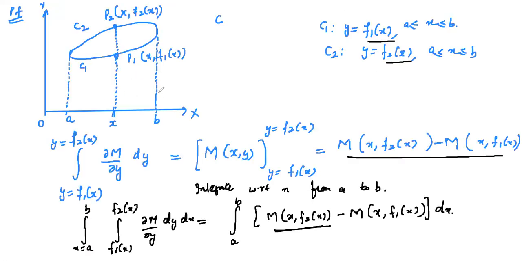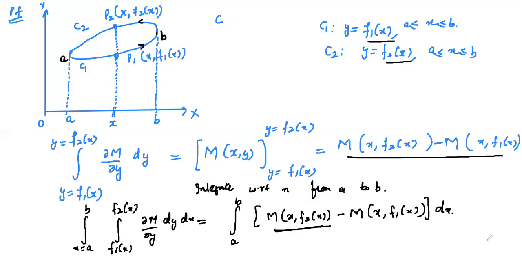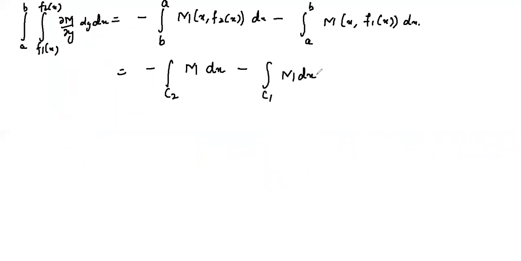So अगर हम b to a मूव कर रहे हैं इस कर्व के along, b से हमने a पॉइंट तक आना है. ये हमारे पास b पॉइंट था, ये हमारे पास a पॉइंट है. तो हमने इसमें जाना है एंटी क्लॉकवाइज. दैट मीन्स b से लेके अगर हम a तक आना चाहते हैं तो हमें C2 कर्व के कॉरेस्पॉन्डिंग आना पड़ेगा. तो हम इसे रिप्लेस कर सकते हैं, that it is nothing but the minus of C2. The C2 curve के अलॉन्ग हमने मूव करते हुए आना है, M dx लिख दो, that is obviously M is a function of x and f2(x), minus. और a से b तक अगर हमने जाना हो तो a से b तक हमने फिर C1 कर्व के अलॉन्ग मूव करना है. So minus of C1, M dx.